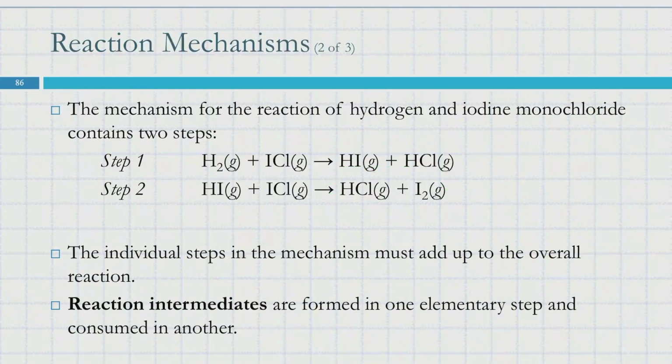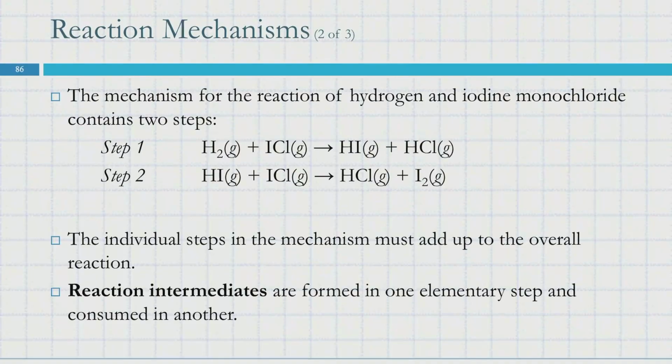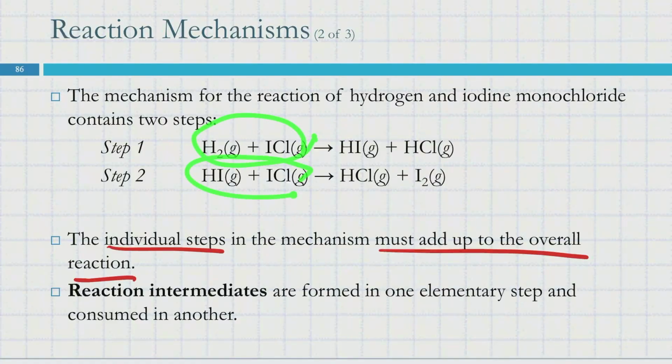When we are putting together a reaction mechanism, it's important that the steps add up to the overall reaction. So we need to be able to cross things out from this two-step process to show that it's consistent with the overall reaction. Otherwise, it would be a different reaction. A way that we would do that is looking at things on the left side of the second step or the right side, just canceling things out left and right.